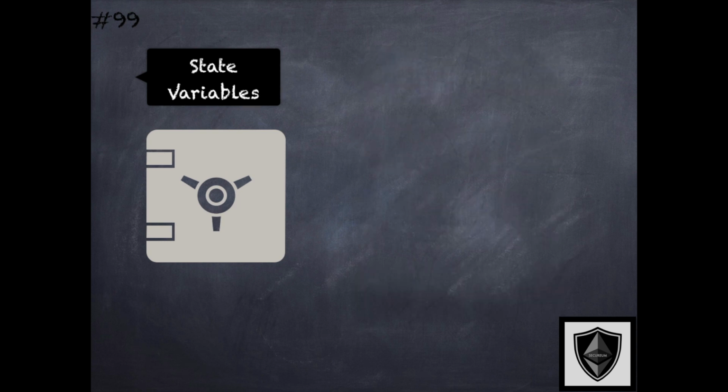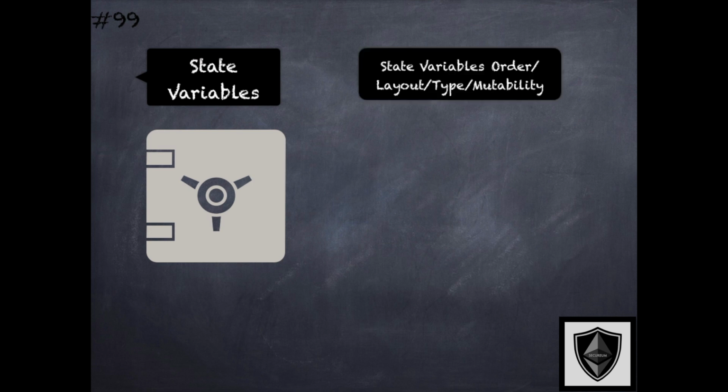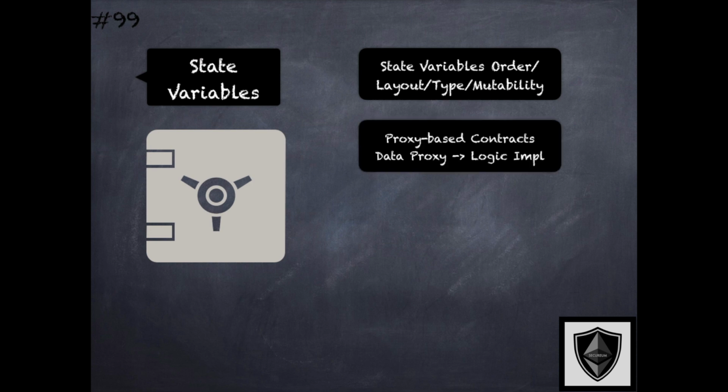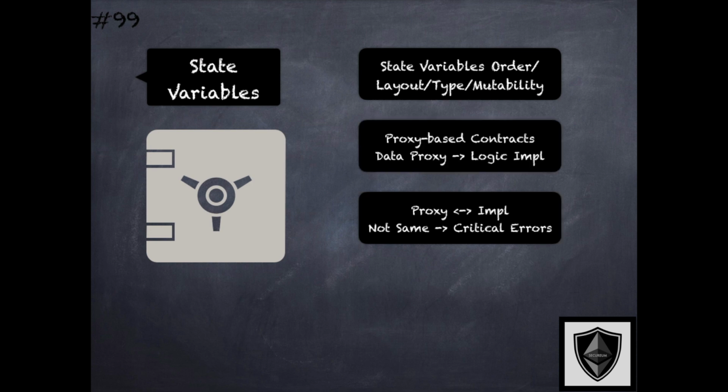There is another security pitfall related to state variables in proxy-based contracts, and this is specific to the order, layout and type mutability of their declaration in such contracts. So in proxy-based contracts, the order, layout, type and mutability of state variables declared in the proxy and the corresponding implementation, or different versions of the implementation, should be preserved exactly while upgrading to prevent storage layout mismatch errors.